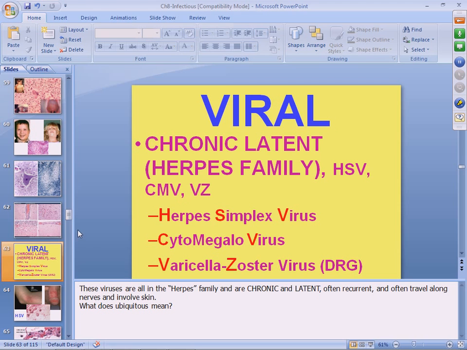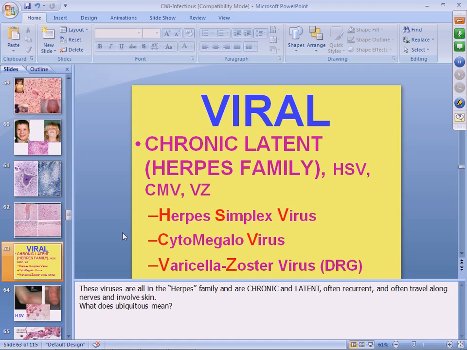Let's talk about the viruses now that are chronic, and they can recur, and they can have periods of latency before they recur that could be very, very long. If you know somebody that has herpes of anything, you know that there may be an acute flare-up, and they may be okay for months, even years, and may flare up again.